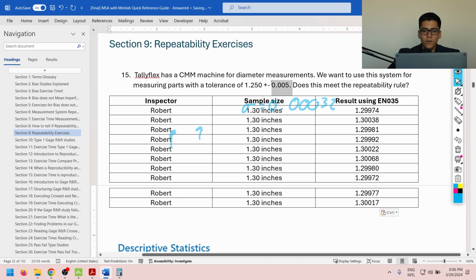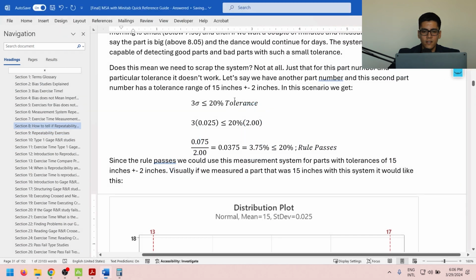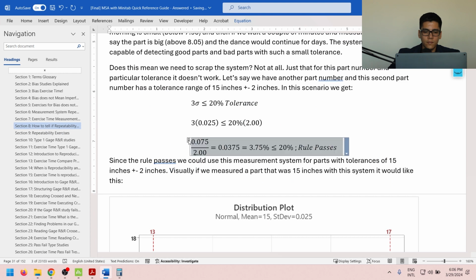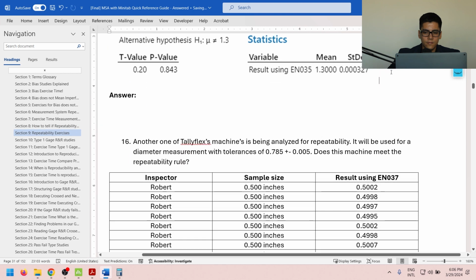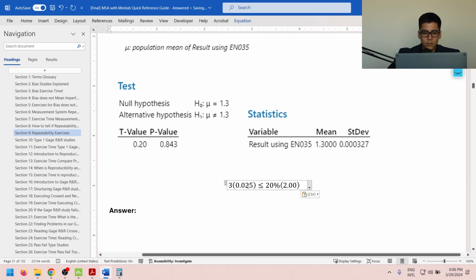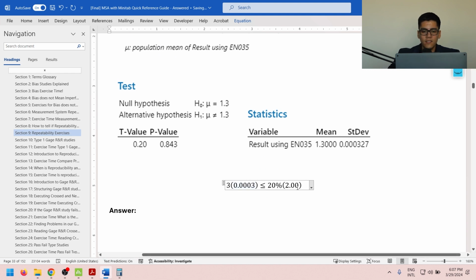Now, the overall tolerance that I want to measure is plus minus 0.005. So for this, to make it cleaner, let's copy this output shown here. So 3 times my standard deviation, which in this case is 0.00032, which I'm going to round out to 0.0003, needs to be less than or equal to 20% of the tolerance.